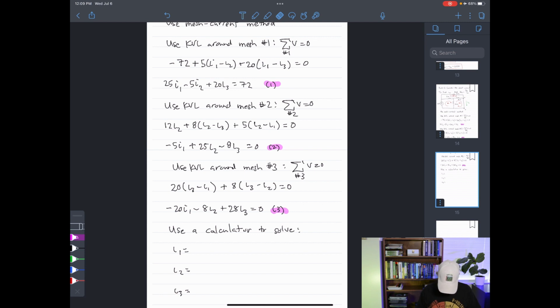Followed by minus 5 I1 plus 25 I2 minus 8 I3, and that's equal to 0. And then minus 20 I1 minus 8 I2 plus 28 I3, and that's equal to 0.